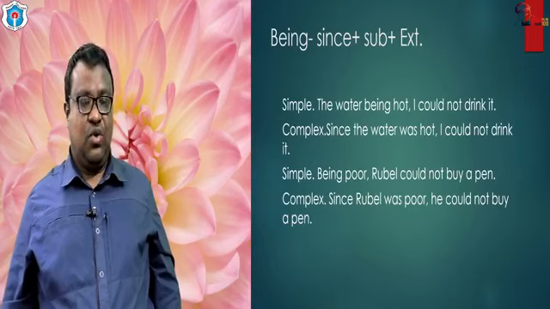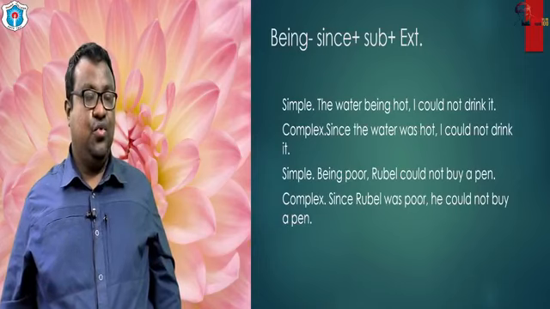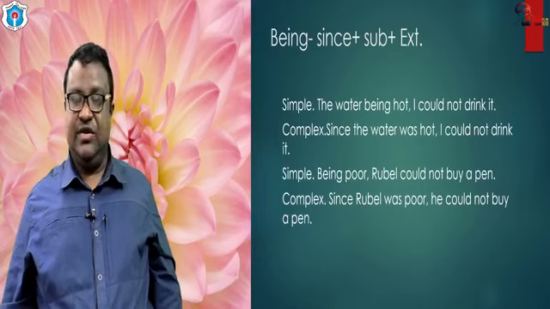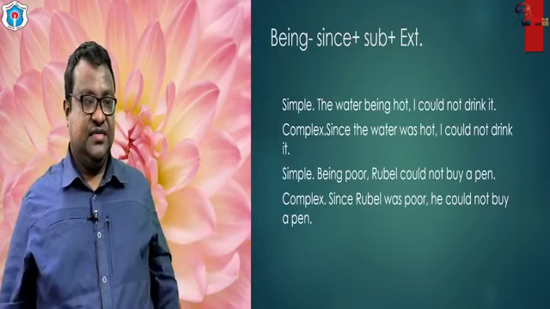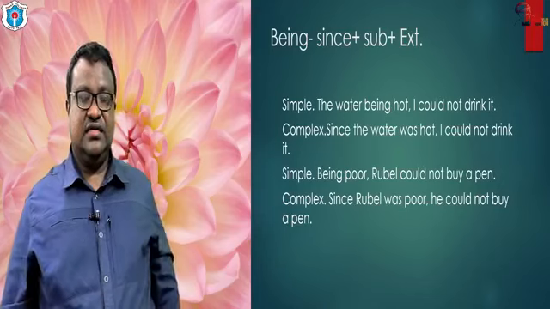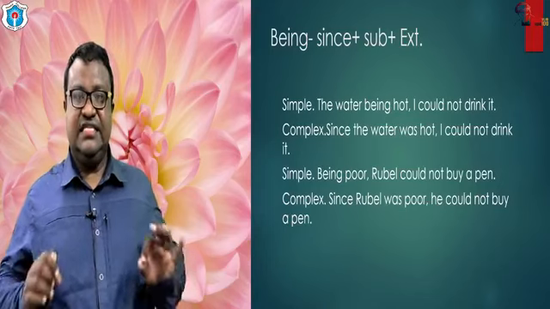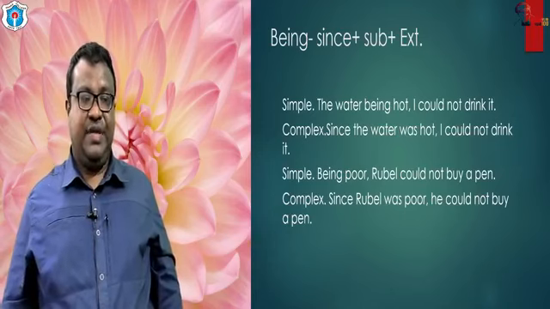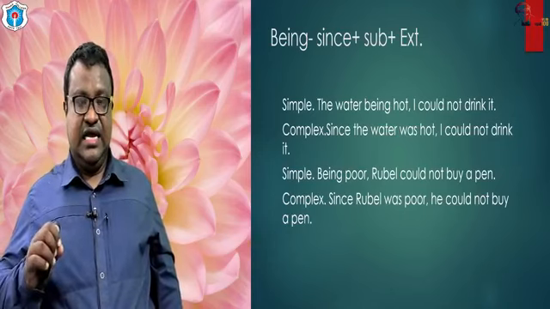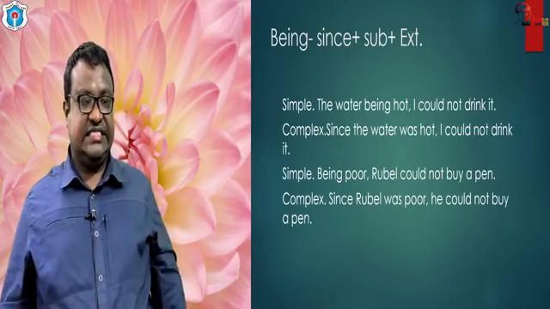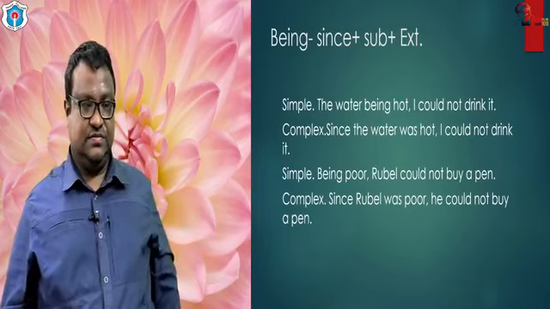But what we are doing, we are touching the other portion, that is, first we are using the word since, then we are using the subject, the weather. Instead of being, we are bringing a to be verb, that is, here we see it is was.